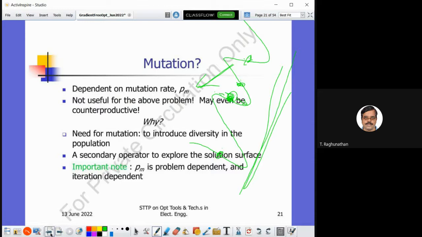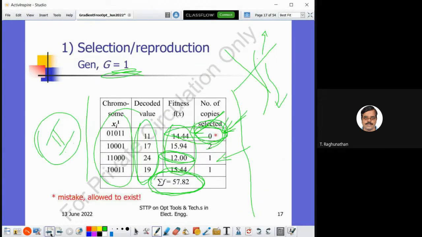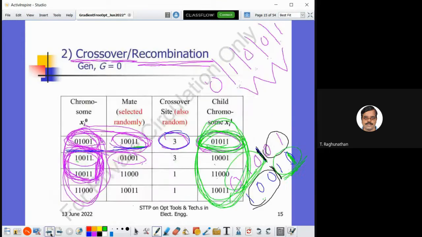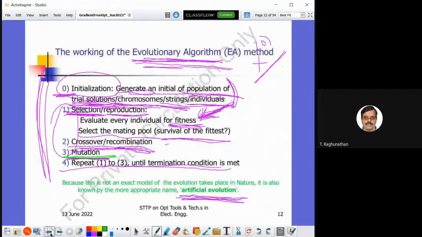And let me go back and add just one small piece of information. Okay, this selection based on fitness and survival of the fittest.